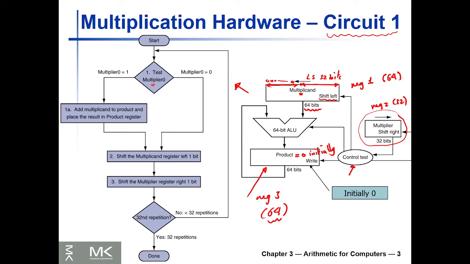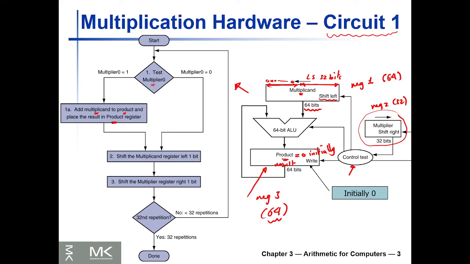If the least significant bit is 1, we're gonna add the multiplicand to the product, which is the result, and place the result in the product register. So we're gonna overwrite it. Okay?